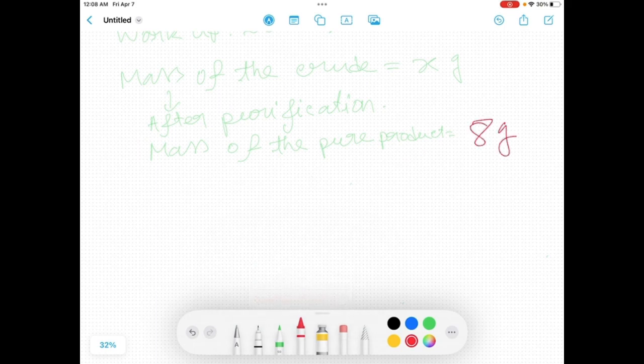Now you have to calculate the mass expected. That would be how much you expect.